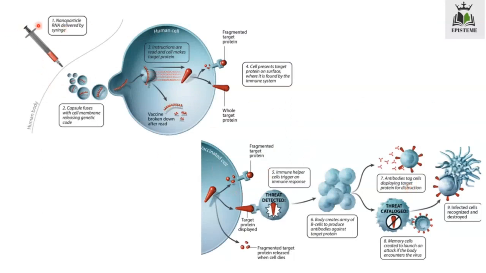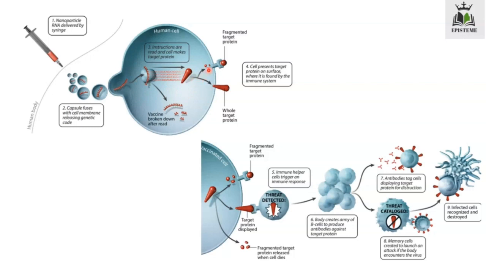So we introduce the nanoparticle coated vaccine in our body, and this capsule fuses with the cell membrane and releases the genetic code, and the cell's machinery will read this genetic code and produce the viral proteins.